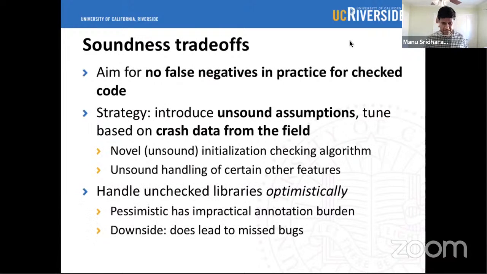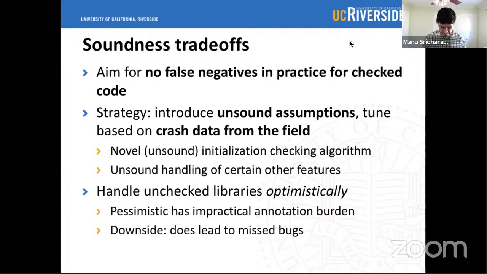The other key thing that we did was in our handling of third-party libraries, we found that the only way to do this reasonably is to handle them optimistically. This means that basically we assume that if you had a third-party library and it wasn't annotated, that it was not going to be the root cause of null pointer bugs.